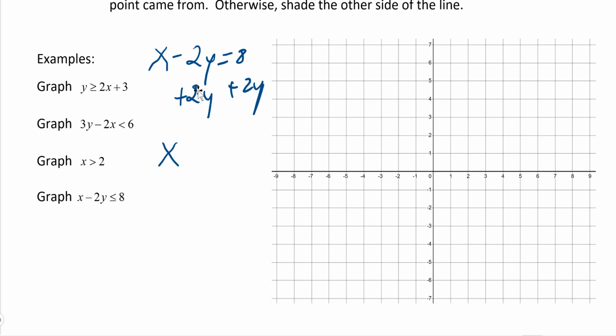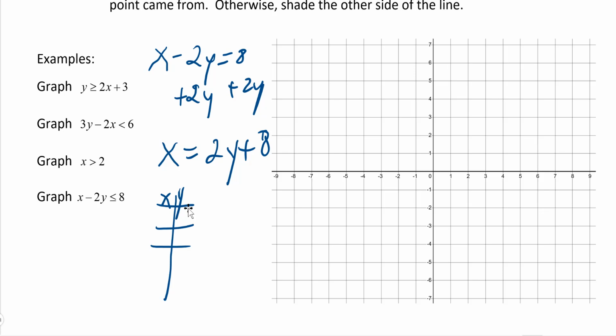That's going to give me x equals 2y plus 8. Since I've solved it for x, if I make a table, it'll be easy to make rows in the table by, instead of the usual way, plugging numbers in for y. So I'm going to do that.